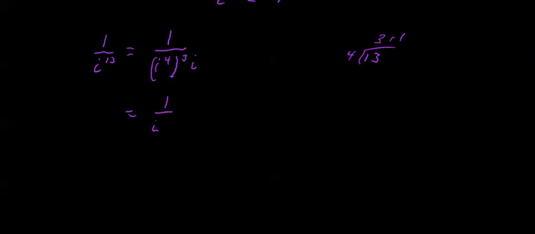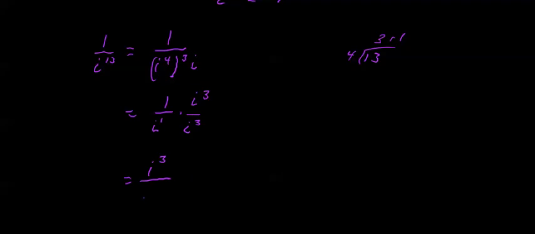But I still have i in the denominator. So what I do is I multiply numerator and denominator by i cubed, in this case, not always i cubed. Why i cubed? Because in the denominator, 3 plus 1 is 4.